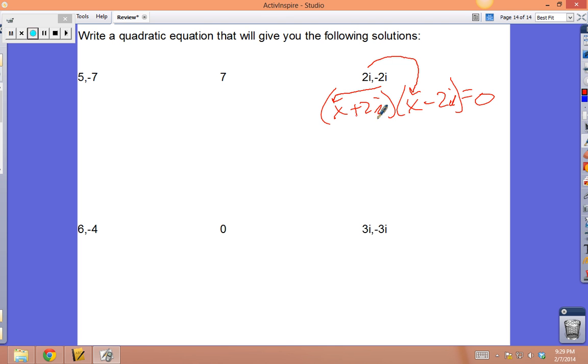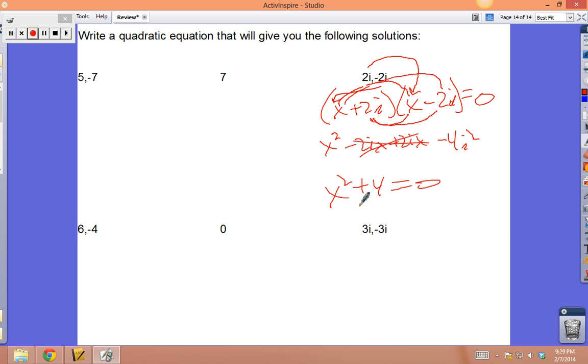So I kind of wrote it in the wrong order, but I'm going to have one of them plus, one of them minus. x squared, x times a minus 2i is a minus 2ix. 2i times x is a plus 2ix, so these zero out. 2i times a minus 2i is a minus 4 i times i, i squared, and i squared is a negative 1, so negative 1 times negative 4 is a plus 4. So x squared plus 4 is 0.